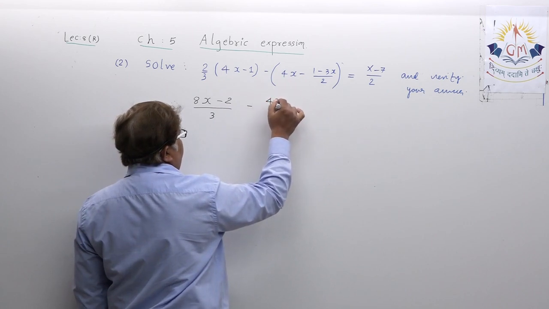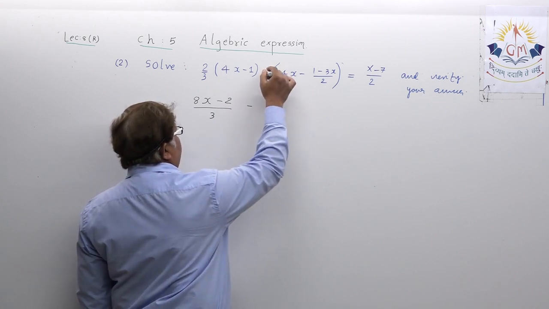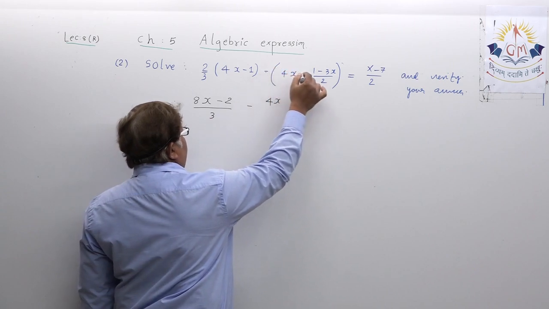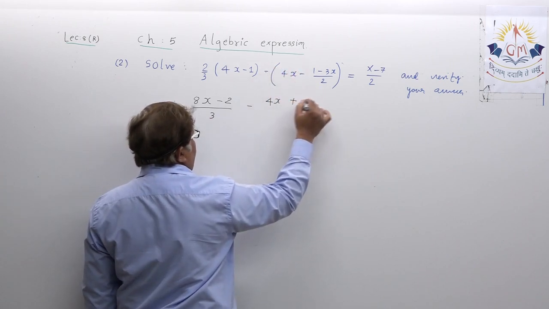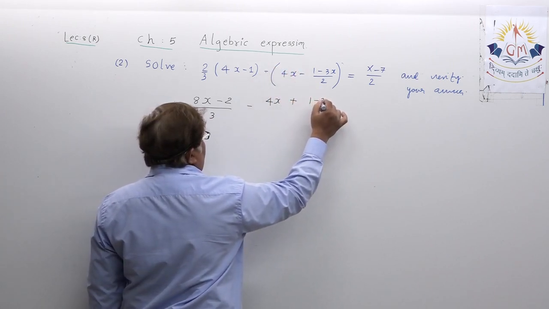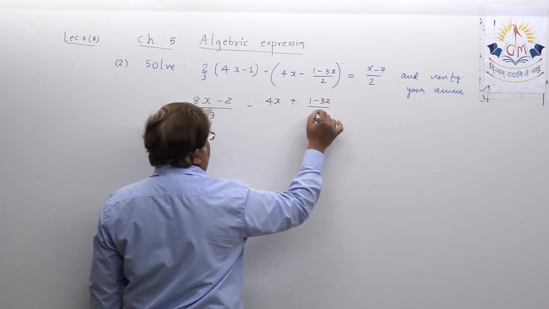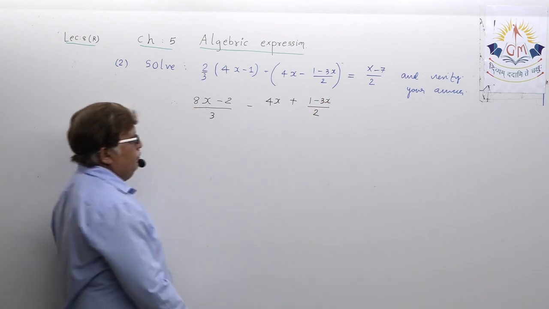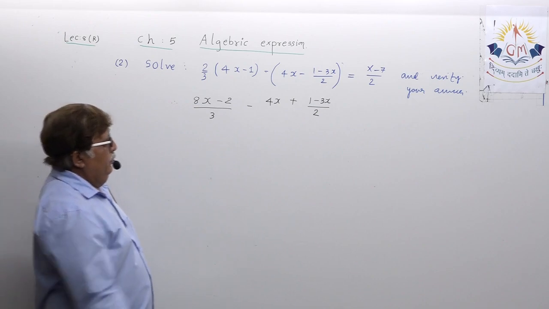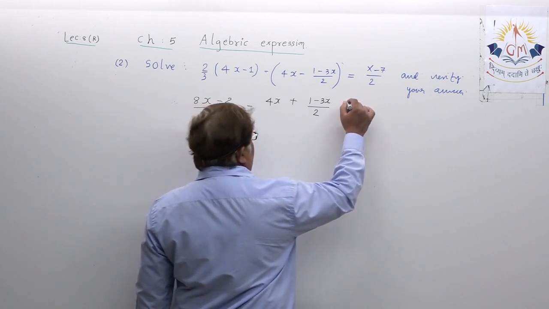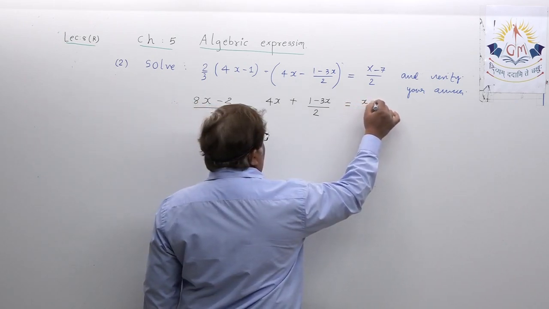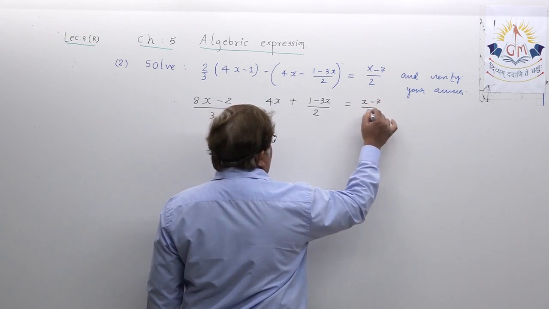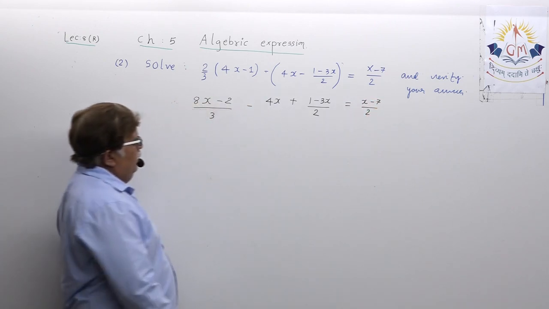Minus 4x, you understood this? Minus minus plus 1 minus 3x upon 2 is equal to x minus 7 upon 2.